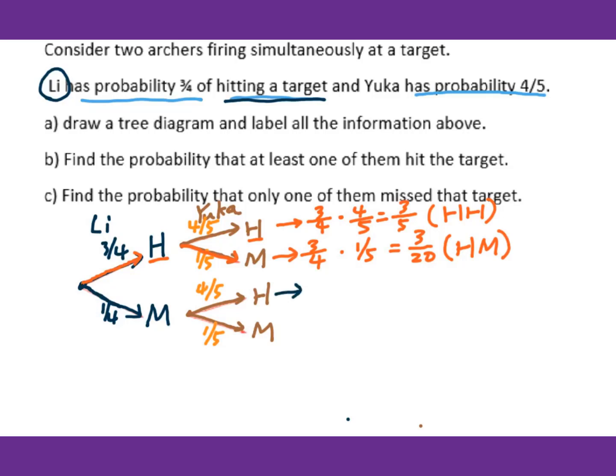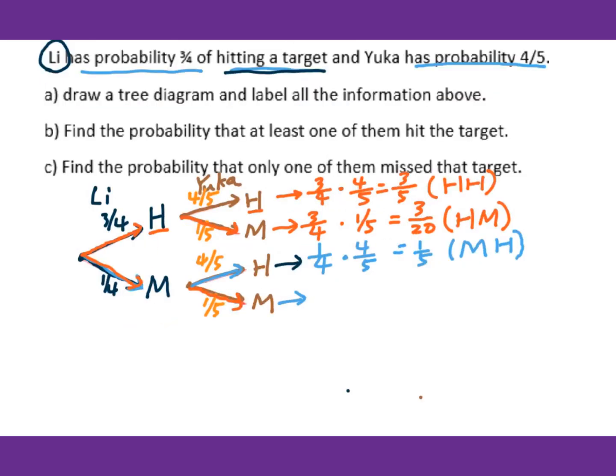Then go to this one. And go here. You will have 1/4 times 4/5 equals 1/5. That's Lee missed while Yuka hit the target. Then we go to this line, this line and then this line.